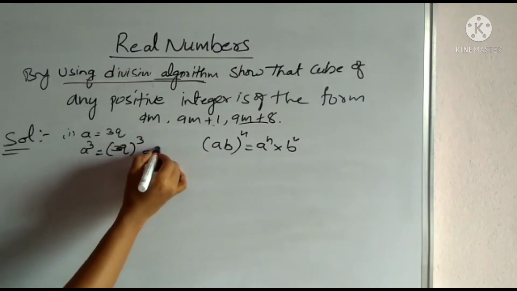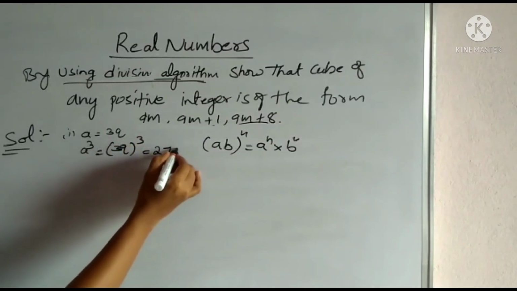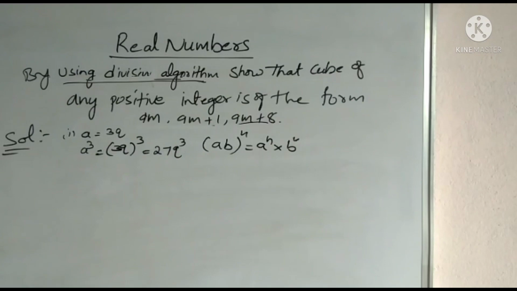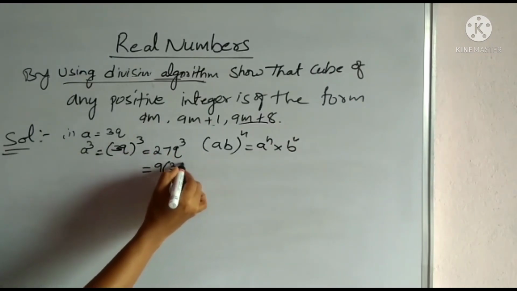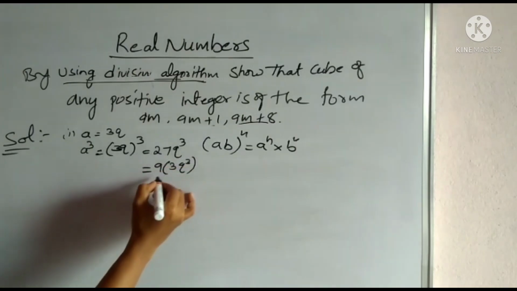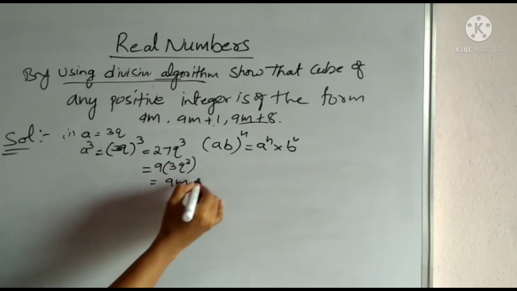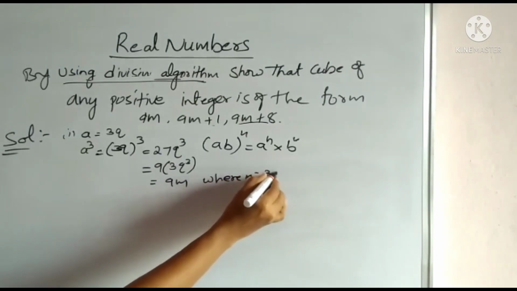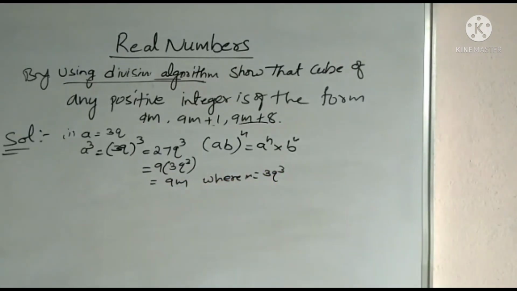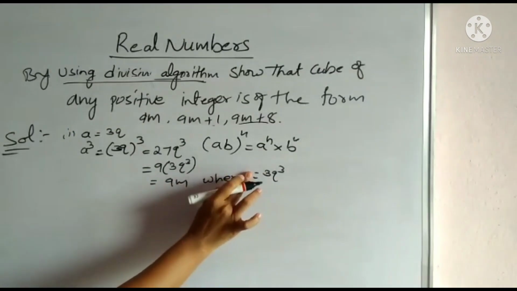Again this we can write as 9 into 3q cube. So this is 9m, where m equal to 3q cube. Okay, and the first one is completed.